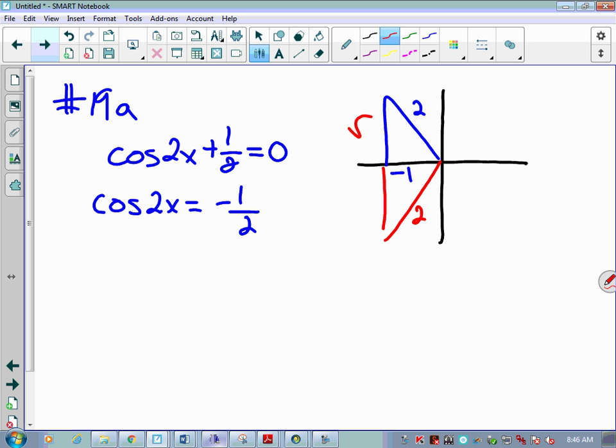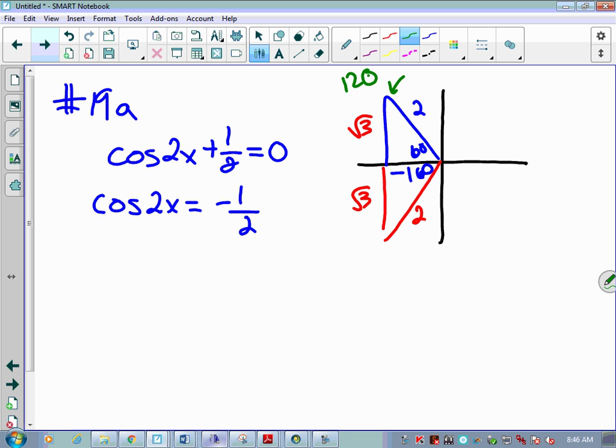Which means this would be radical 3, this would be radical 3, right? Okay? All right. So with that being the case, this reference angle is 60 and this reference angle is 60. But what I'm looking for is at what degree does that show up? So this should be 120 degrees, correct? All right.